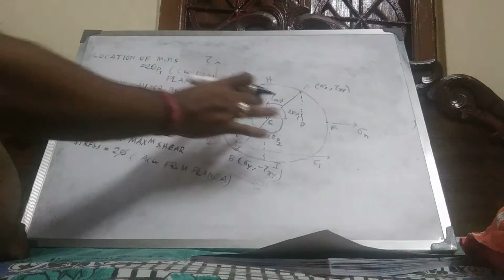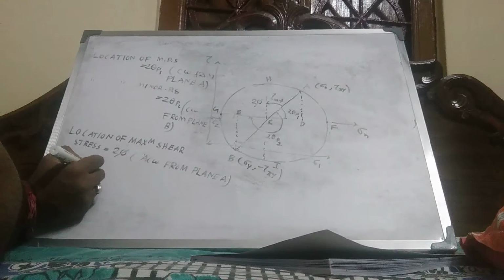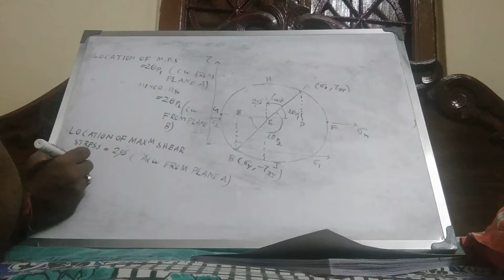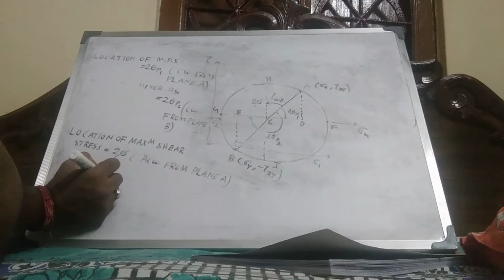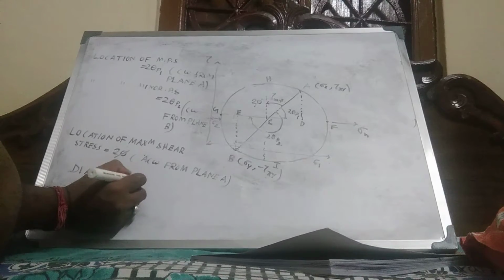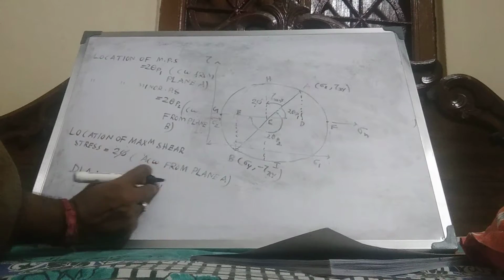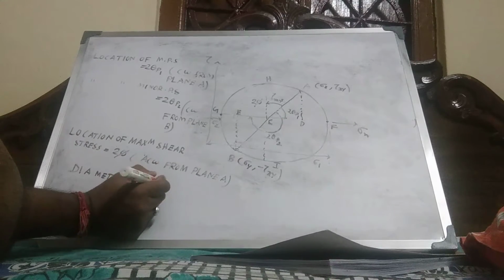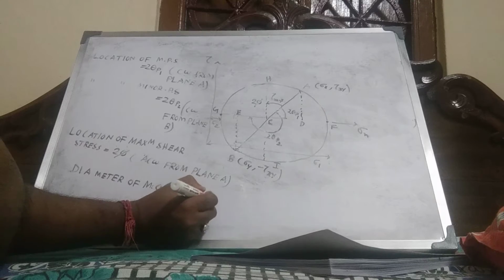So the diameter of the Mohr circle is sigma 1 minus sigma 2.